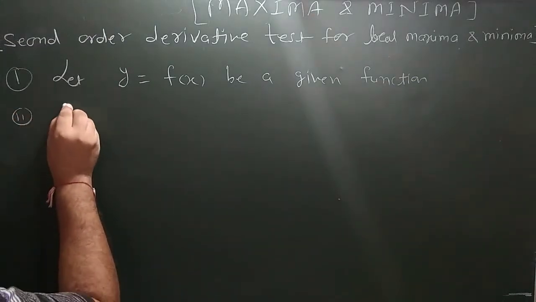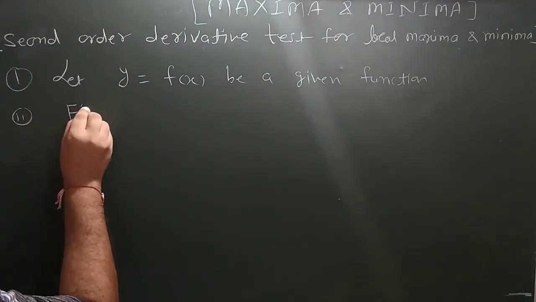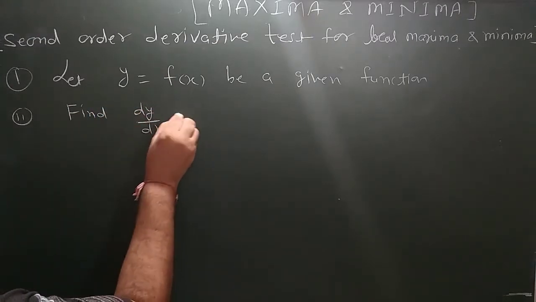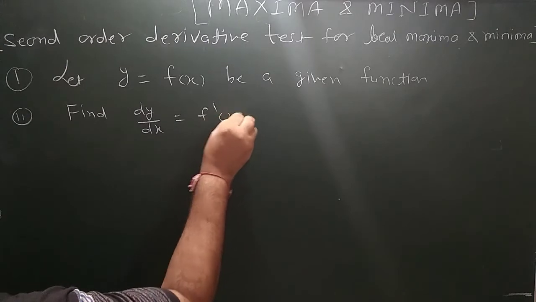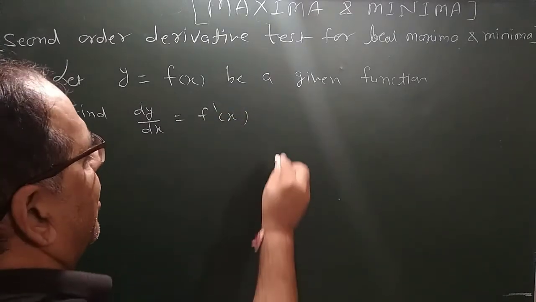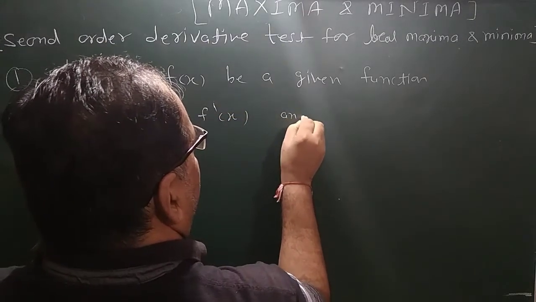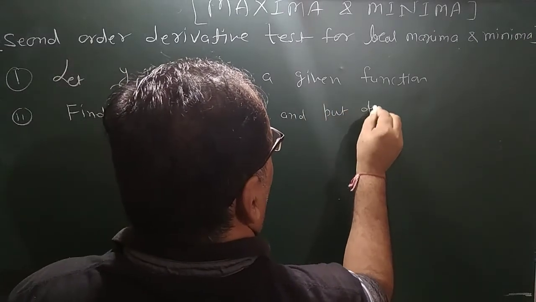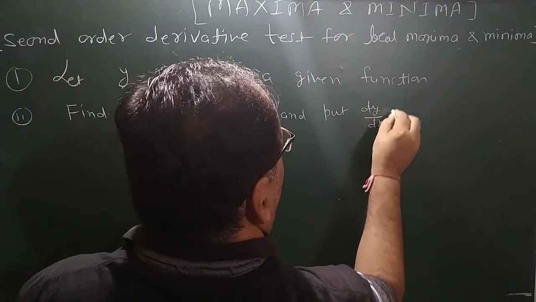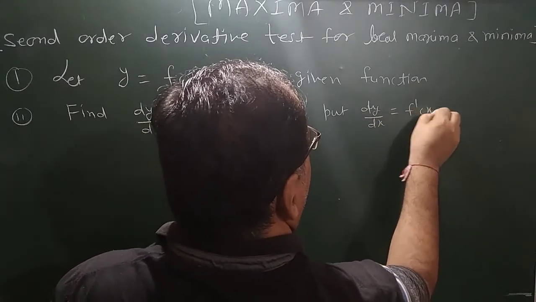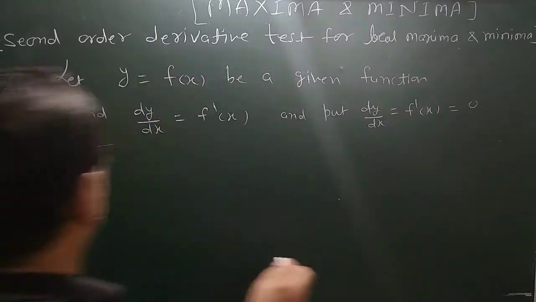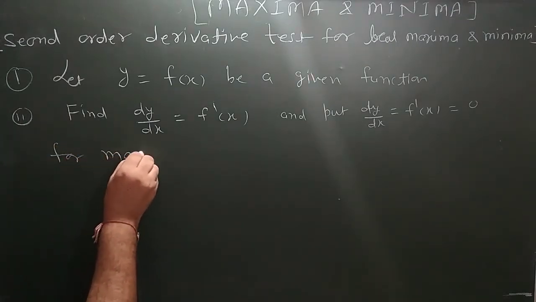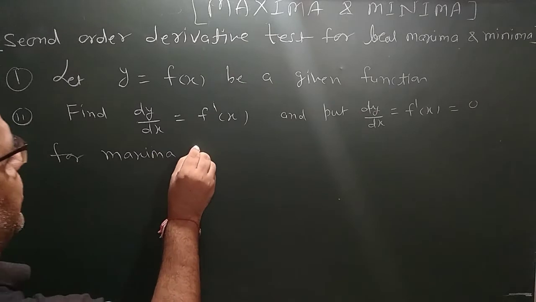Second, find dy over dx equal to f dash x, and put dy over dx equal to f dash x equal to 0 for maxima or minima.